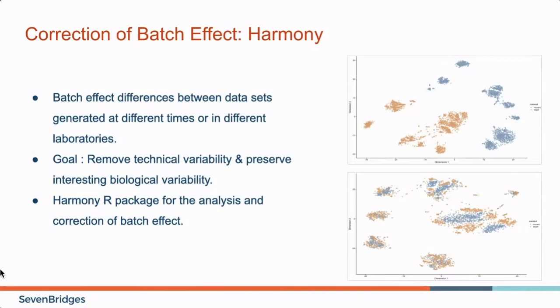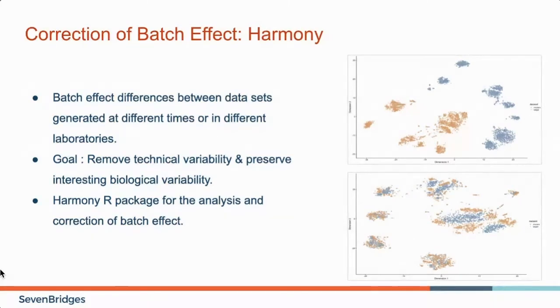The best display of batch effect is a visual representation of datasets reduced to 2 dimensions using t-SNE. In the top right image, we compare cells from 2 datasets, one colored blue and the other one colored orange. The blue and orange are clearly separated in the top picture, and this is an indication of batch effect present after merging 2 datasets.